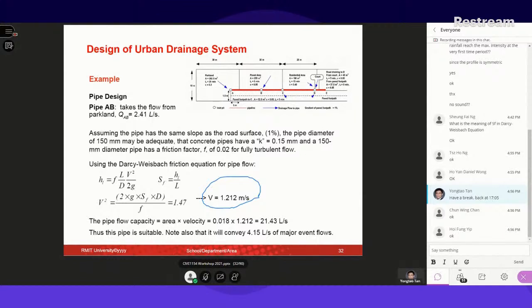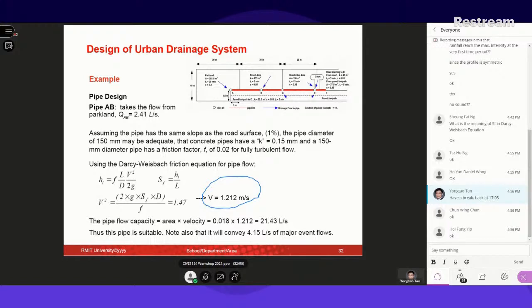This is the capacity of this pipe. We can get the pipe flow capacity as the area times the velocity, so the capacity of the pipe is 21.43 liters per second.